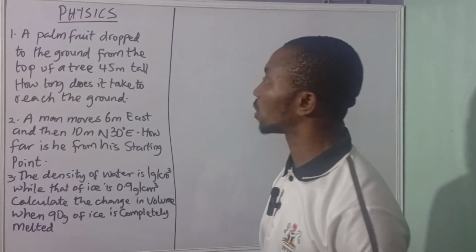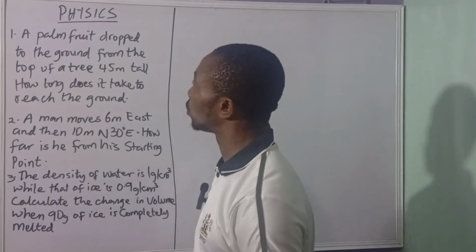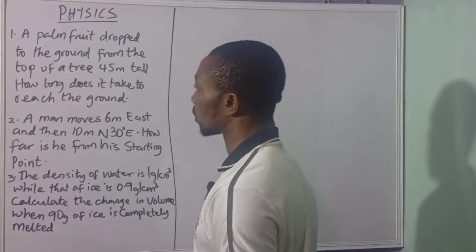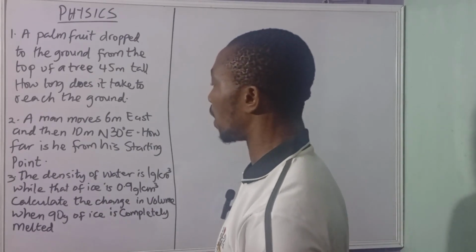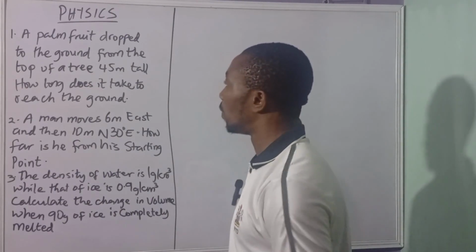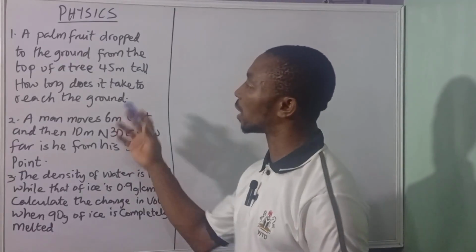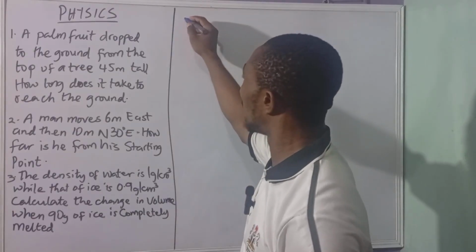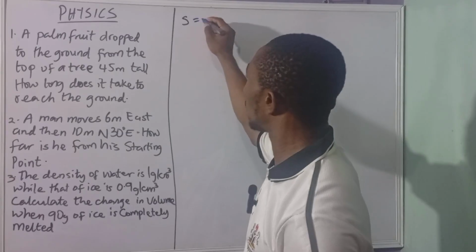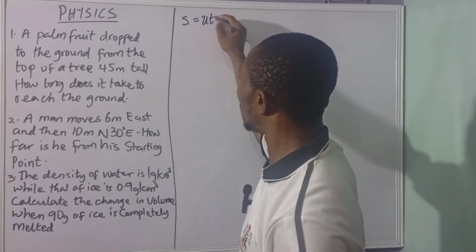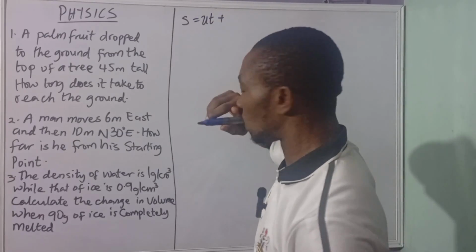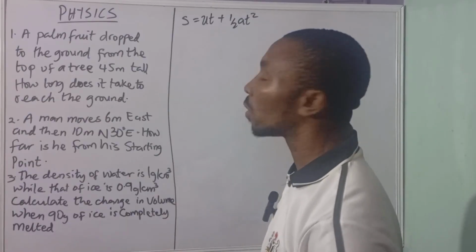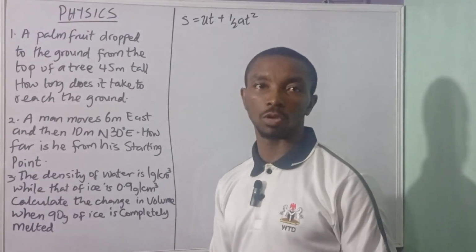Our first question says, a palm fruit dropped to the ground from the top of a tree 45 meters tall. How long does it take to reach the ground? To calculate this, we'll use the formula S equals UT plus half AT squared, which is one of the formulas for the laws of motion.